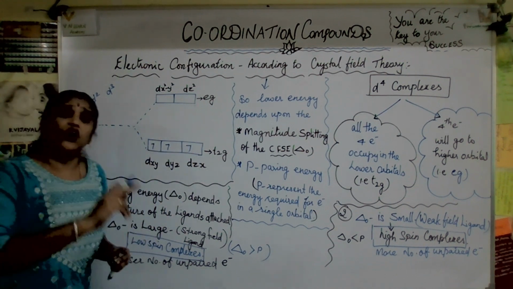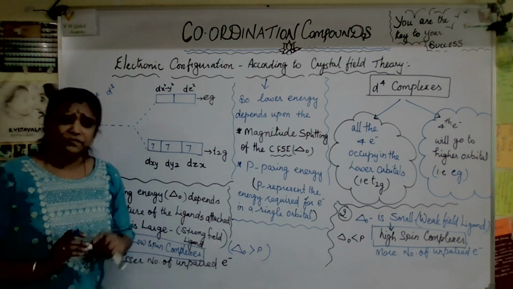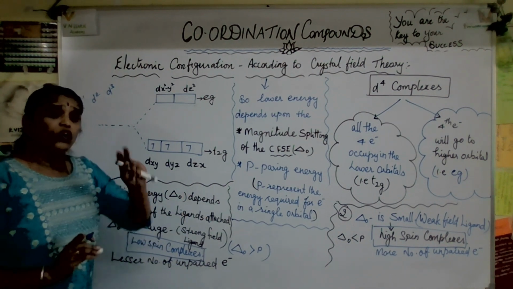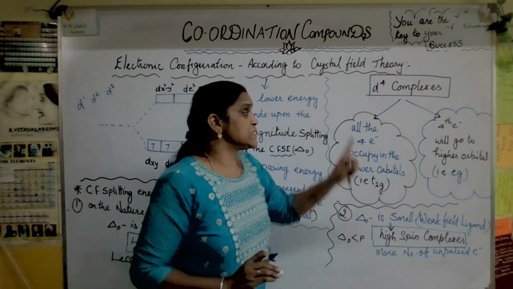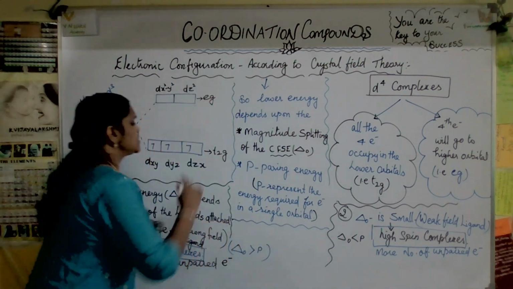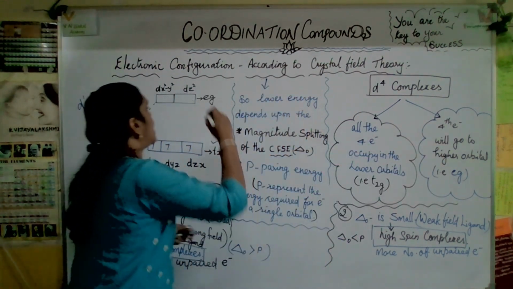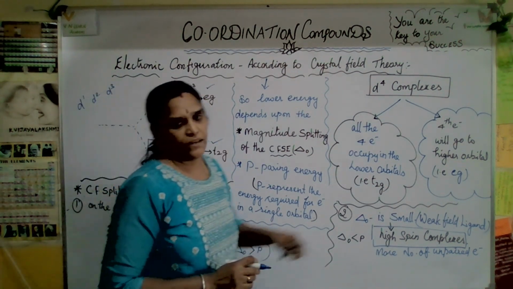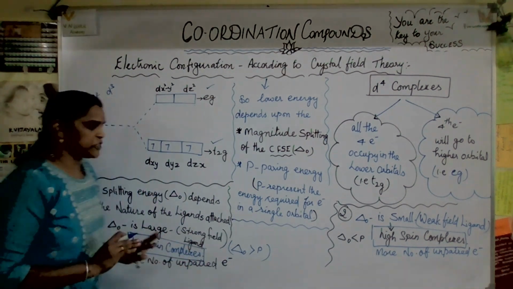Now when the 4th electron comes, it depends on the nature of the ligand, and there are 2 varieties. In d4 complexes, either all 4 electrons occupy the lower level T2g, or the 4th electron goes to the higher level Eg.